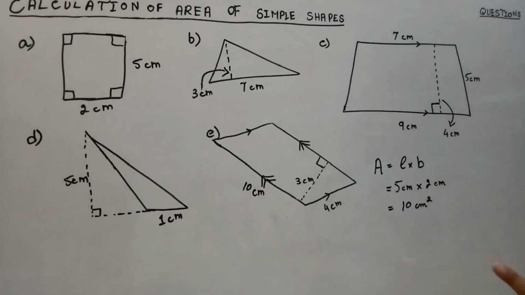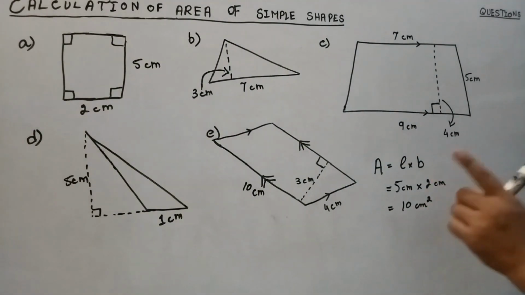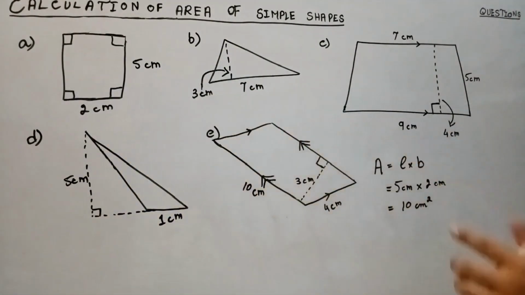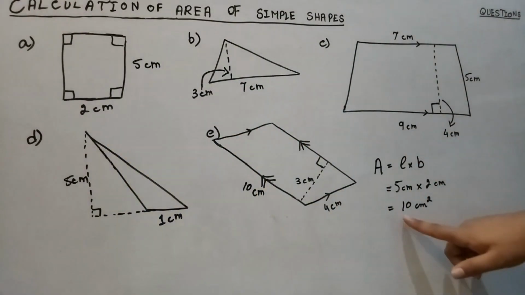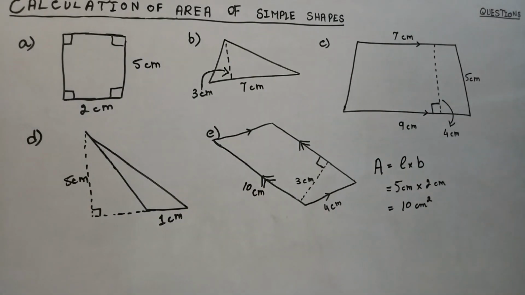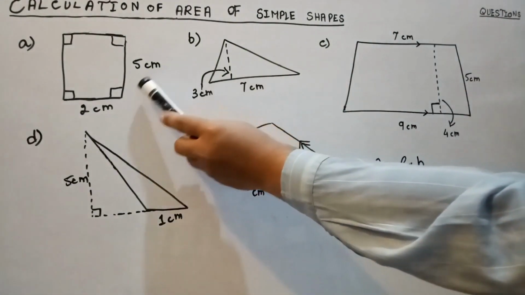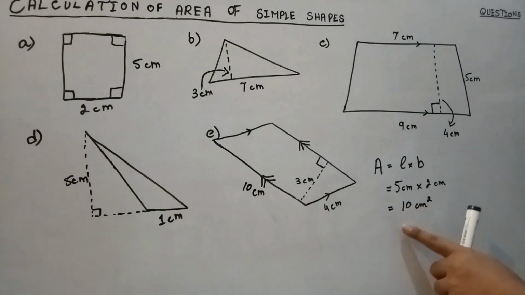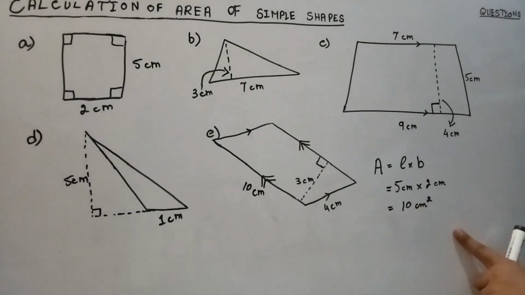Clear? If we have 5 meters and 2 meters, we have 10 meters square. The area is 10 meters square. Let's say we have 5 millimeters and 2 millimeters. So here we have 10 millimeters square.